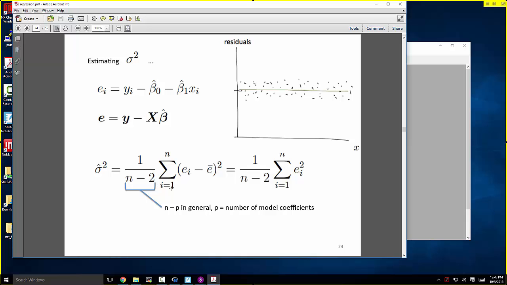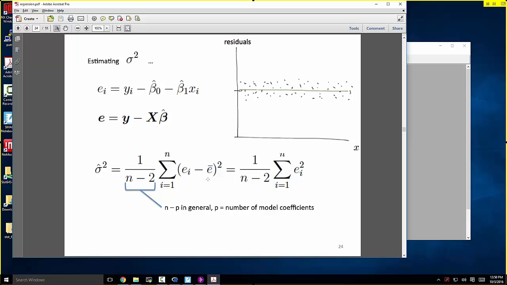This is like a sample variance of the residuals. And we're dividing by n minus 2 here. More generally, it's n minus p, where p is the number of coefficients. Beta 0 is a coefficient, beta 1 is a coefficient, and so on. This ends up equaling what's on the right side of the equality simply because e bar by construction will be equal to 0.